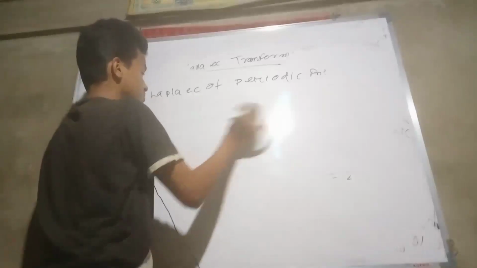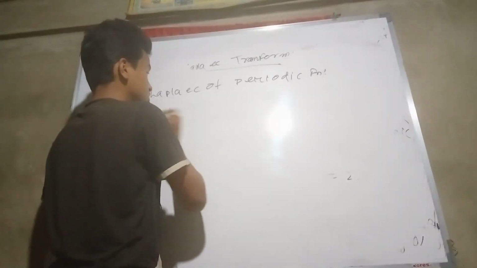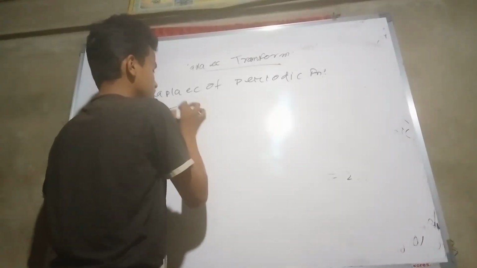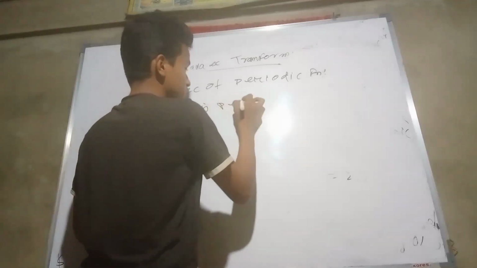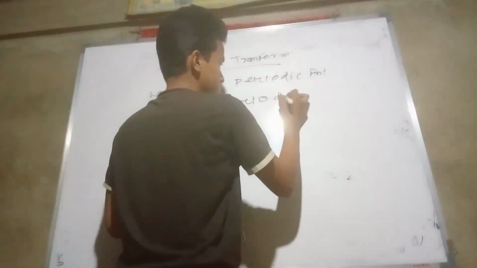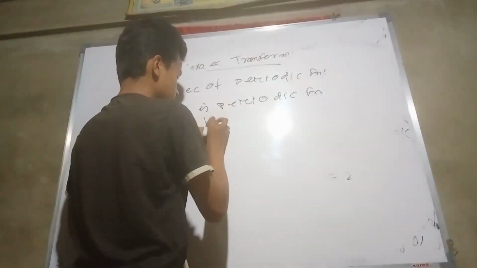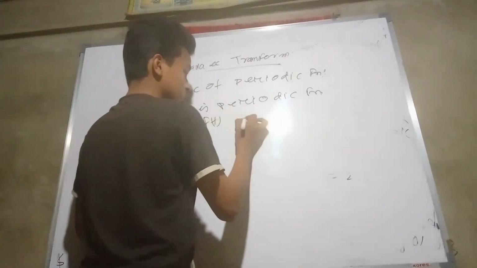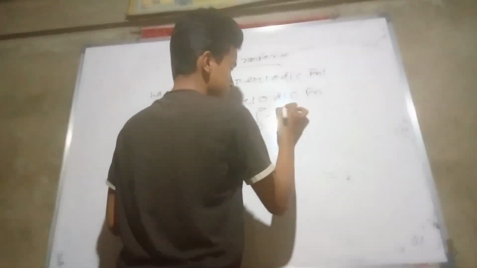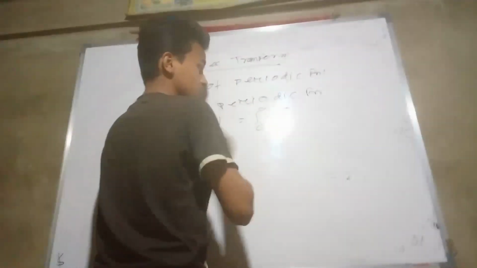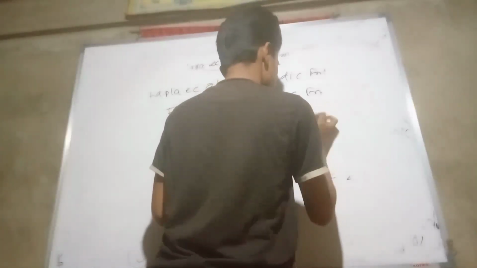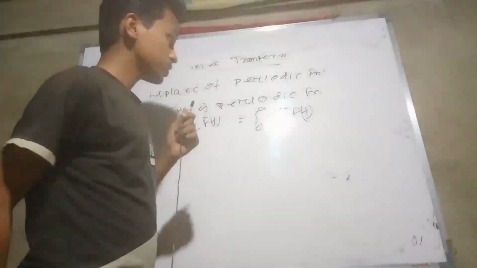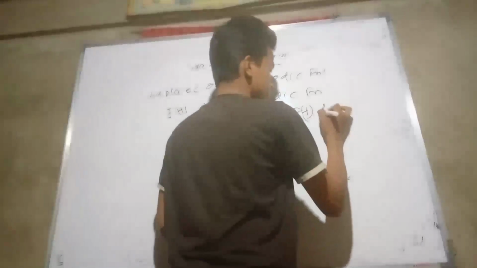So now we know the Laplace transform, suppose f(t) is a periodic function. So the Laplace transform of f(t) is what? It is the integral from 0 to infinity of e^(-st) f(t) dt.